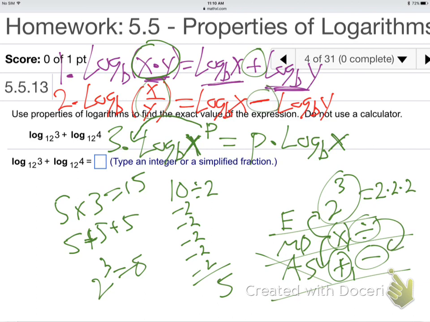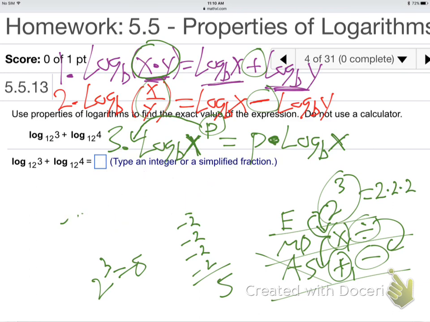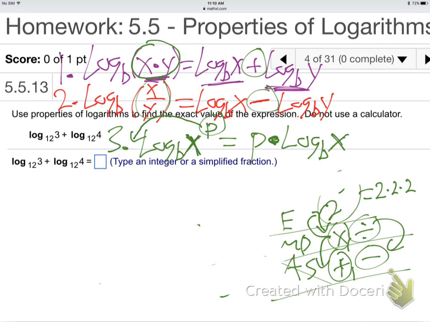Because logs undo powers. They're the inverses of powers. That's what's going on. And then power becomes what? Times. Power brought it down to multiply. Didn't it? That's their greatest quality, as I've said. We have nothing else in the math curriculum that takes powers out of power. Real helpful to us. So there we go. So there's the 3 log properties. And another thing to help you kind of memorize.